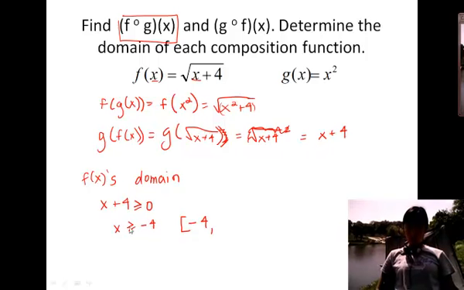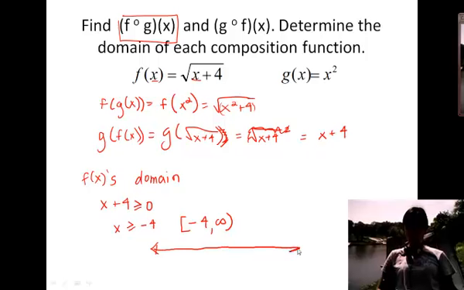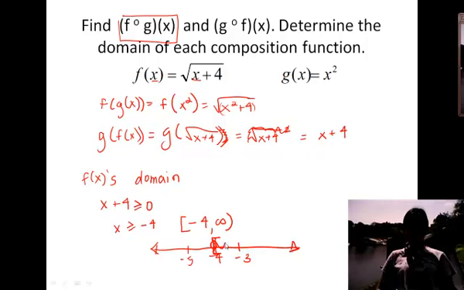That's our smallest value because then we want all values greater than it to infinity. So on the number line, that would look something like this. We have negative 5, negative 4, negative 3. I'm going to include negative 4. Whoops, I'll use my square brackets. And then I'll go forward because I want all values greater than or equal to it.